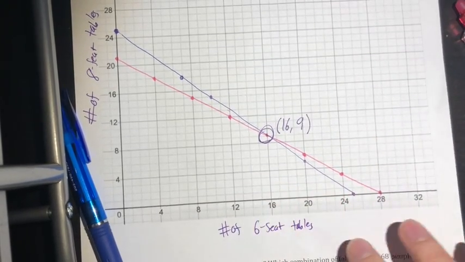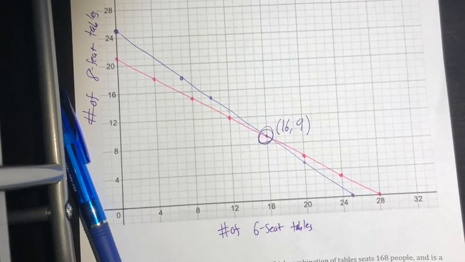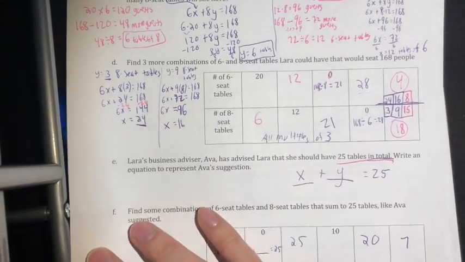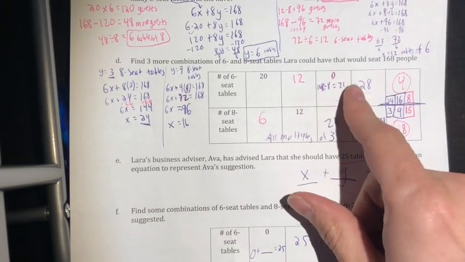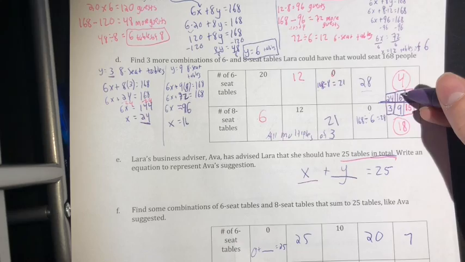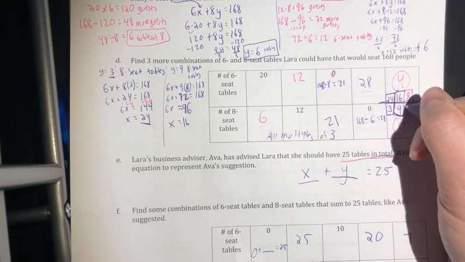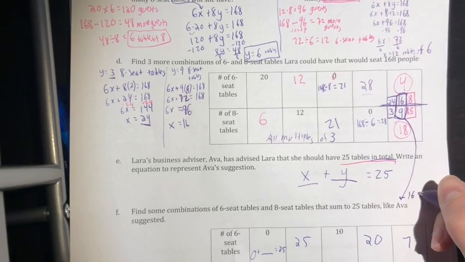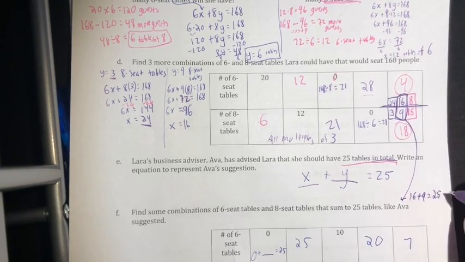And if we look, that actually was on our table before. If you were paying attention, you might have noticed of all these combinations, 16 and 9 right here adds to get you 25. 16 plus 9 gives you 25.